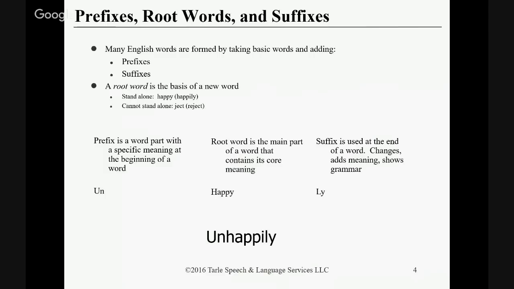Okay, so what is a prefix, root word, and suffix? Let's go ahead and talk about this. Many English words are formed by taking a basic word and then adding a little tiny portion to the beginning and a little tiny portion to the end. The portion that we add to the beginning is called a prefix, and what we add at the end is called a suffix.